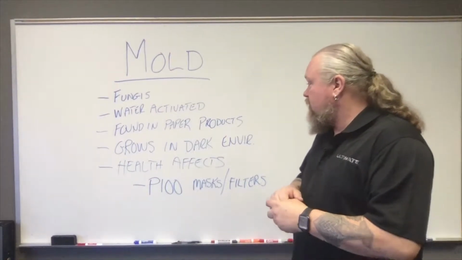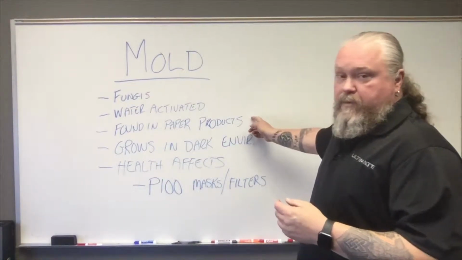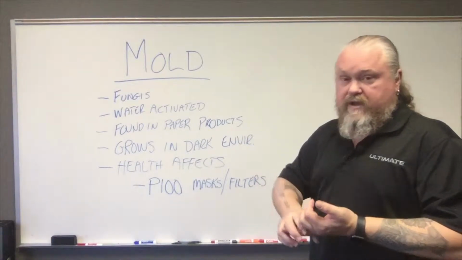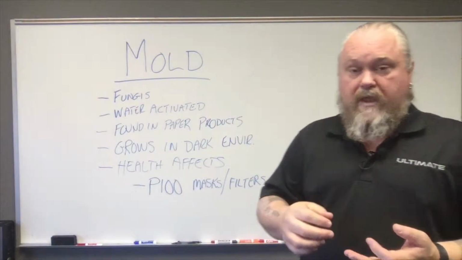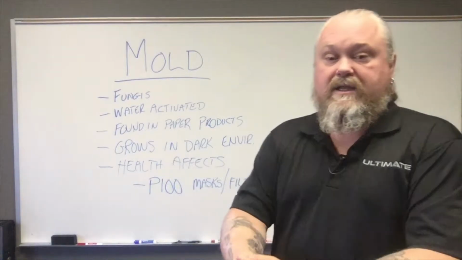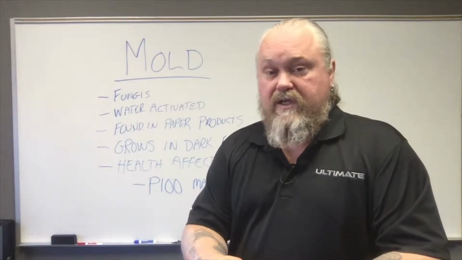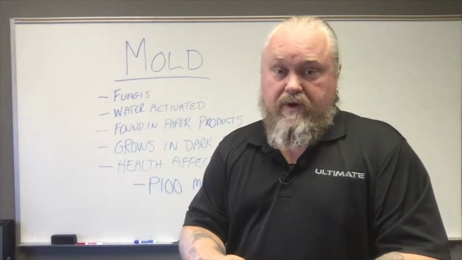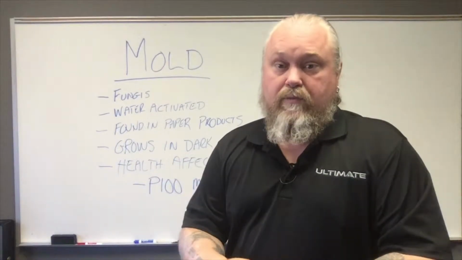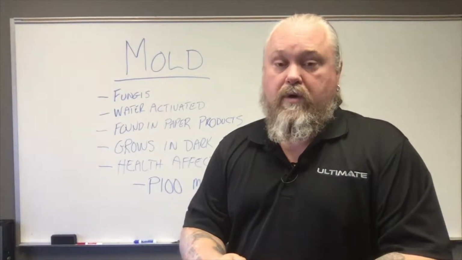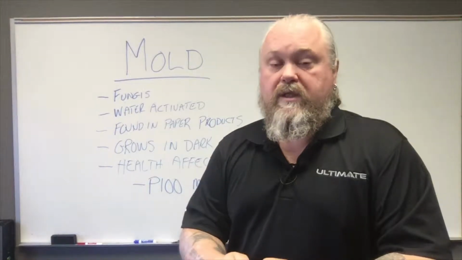So we have to understand that if you've got paper products, cardboard, drywall paper, anything that's got kind of a paper base to it, if it gets wet and stays wet for long periods of time, it's a trigger for mold to start the spore process. So we need to understand that when we get into the environment.